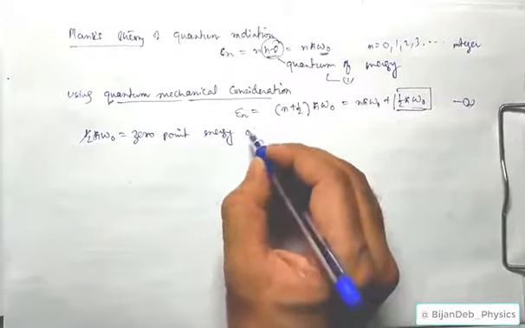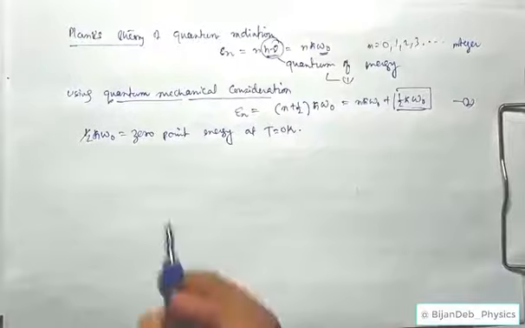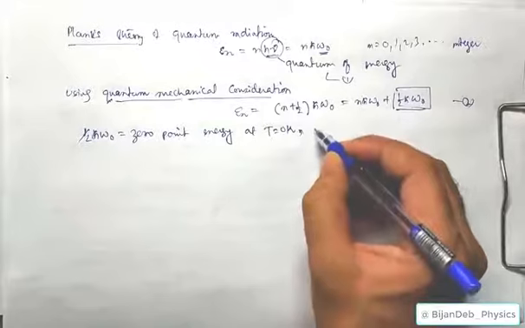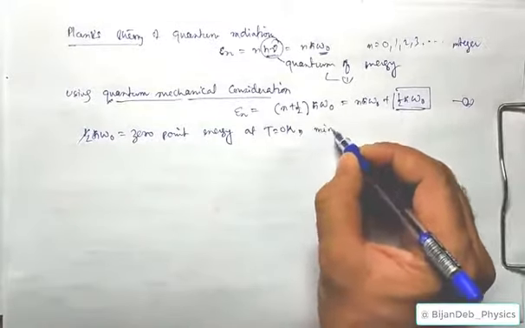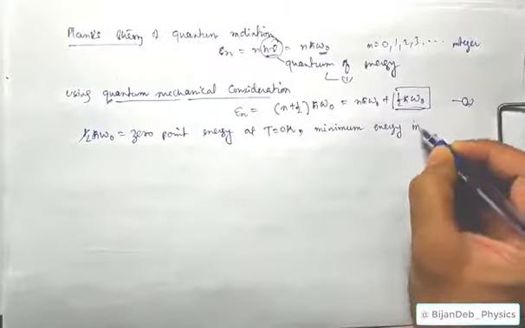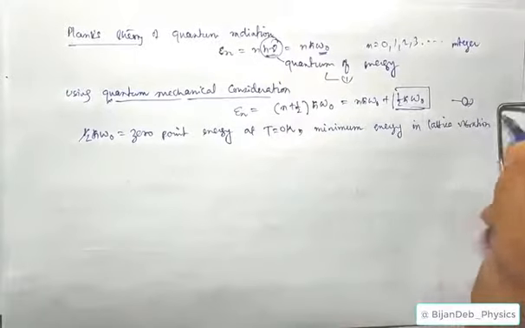So this exists even at T equal to 0 Kelvin. Even at T equal to 0 Kelvin, the energy of lattice vibration is not 0. So there is some minimum energy that always exists in lattice vibration. So this you just remember.